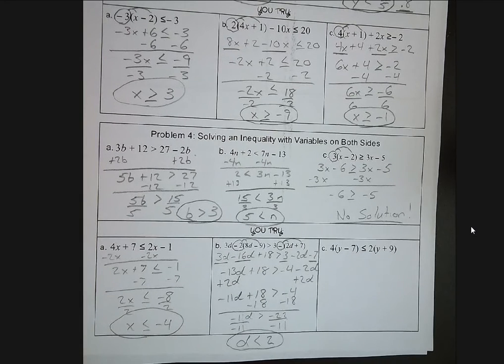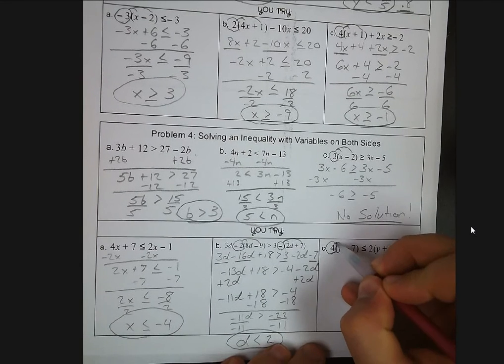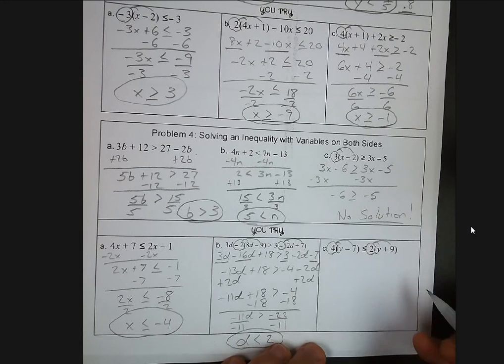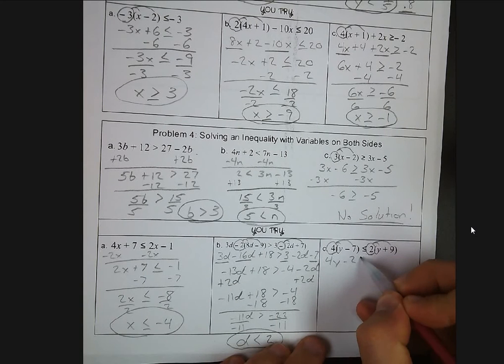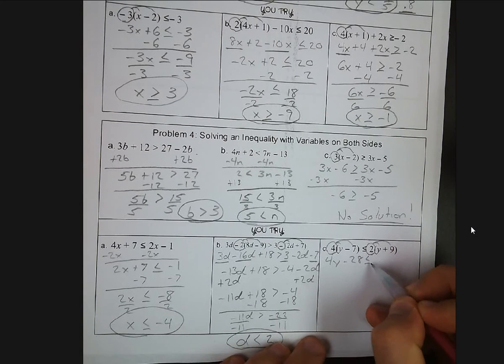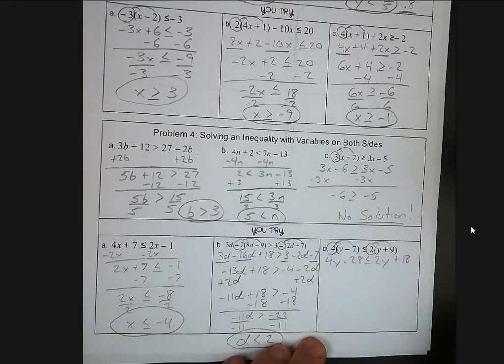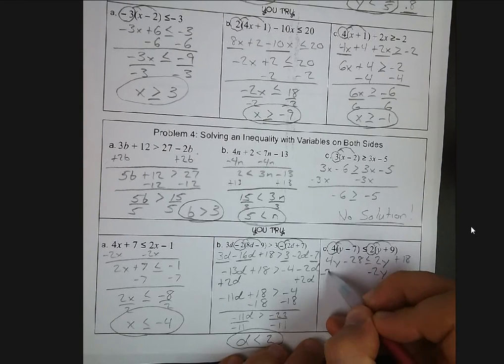Okay, letter C, we have two distributions to do. So we have 4 times y and 4 times negative 7, and 2 times y and 2 times 9. So we get 4y minus 28 is less than or equal to 2y plus 18. So I'm going to subtract 2y from both sides of the equation, inequality.